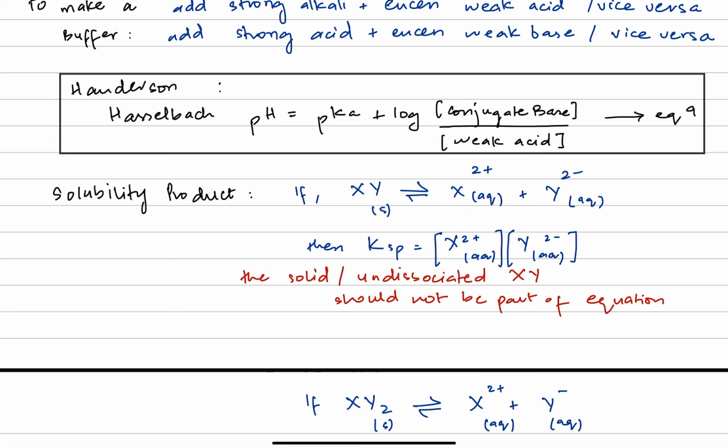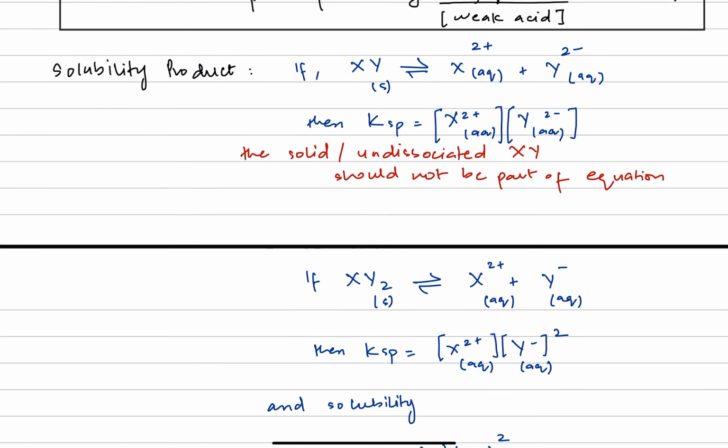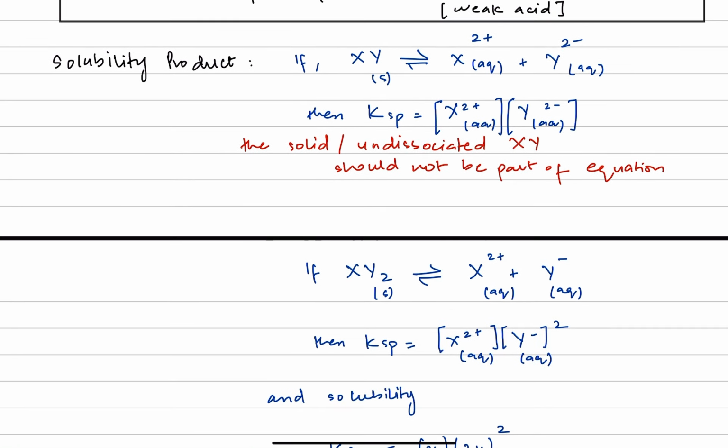Always remember, we do not divide the ion concentration by anything, because in Ksp the cation concentration and the anion concentration in a saturated solution are taken into account and you take the product of them. Make sure nothing is in the denominator.